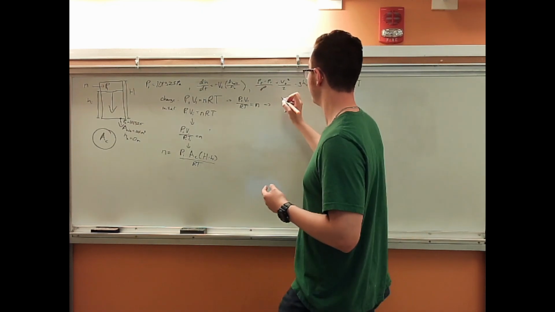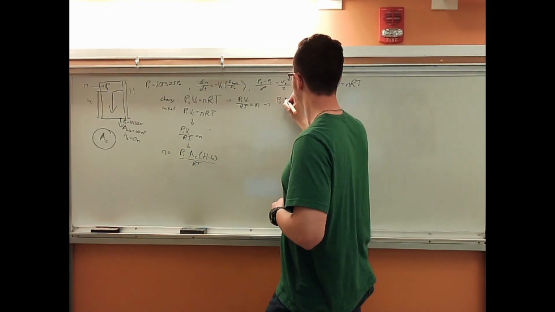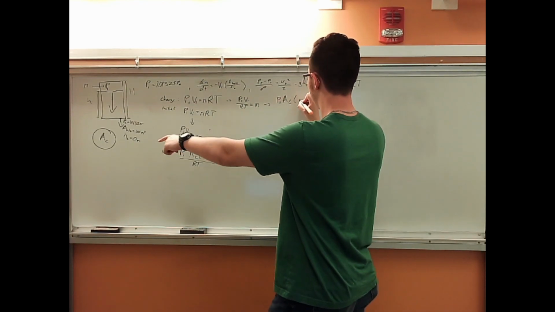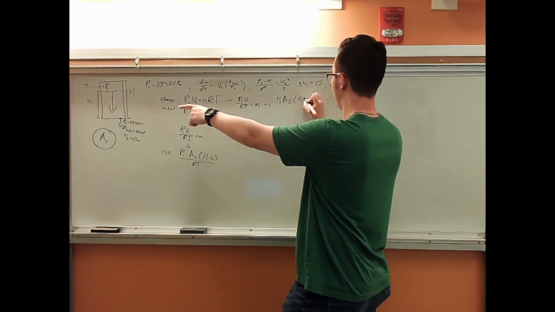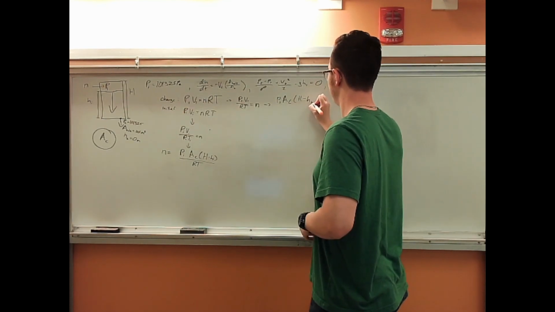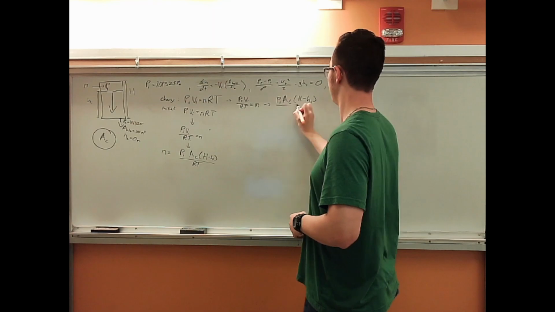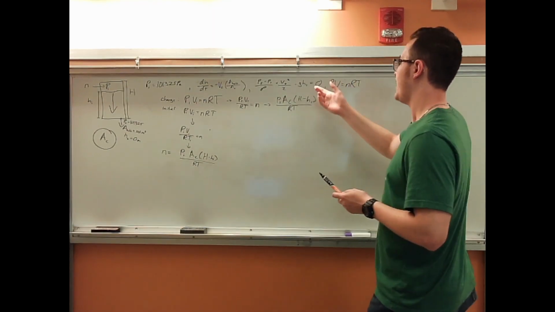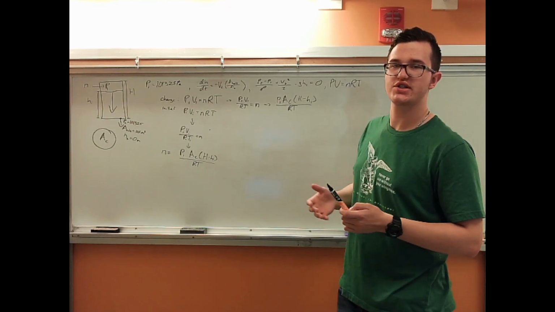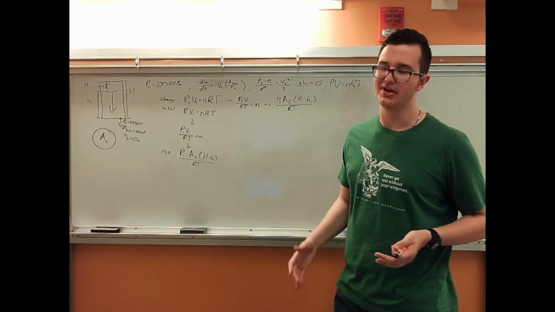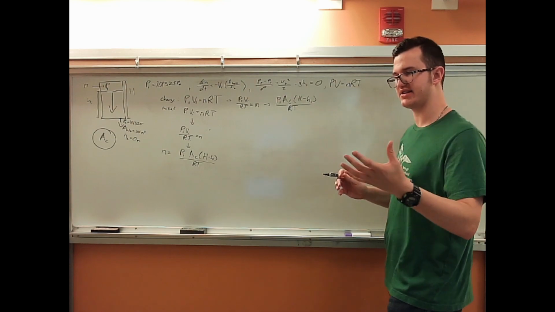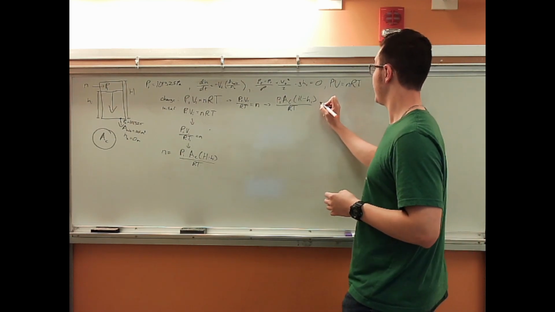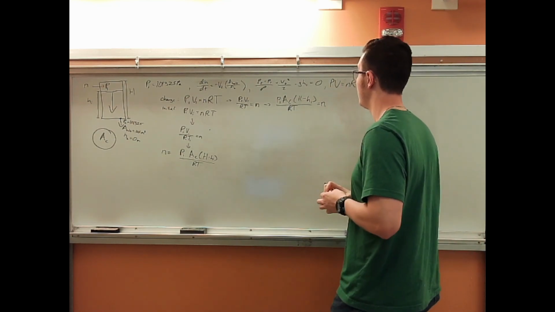So that goes to P1, cross-sectional area again, height of the total container minus height at state 1, all over RT. Now, H1, we could call it just H as the actual height, but H1 works. Height at state 1 equals N.